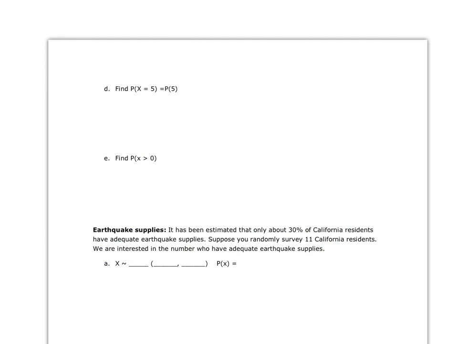Let's practice another one. Find the probability that x is equal to 5. So just making replacements, plugging in 5 for x. We're going to have 8 choose 5, and 0.3 to the 5th, and then 0.7 to the 8 minus 5, so that's cubed.